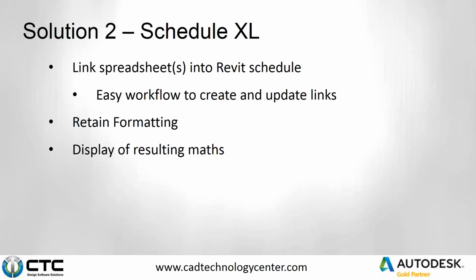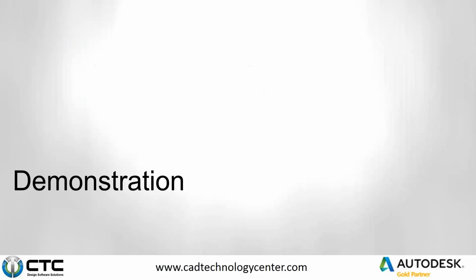So it shows me the result, not the actual formulas. So I can do complex calculations in Excel, create a really nice layout there. Don't judge my layout today. I didn't do high design. I just kind of created this based on a couple of ideas. But you could create a really nice layout yourselves and then take that nice layout and bring that into Revit as a schedule. So with that, let's jump over to Revit.